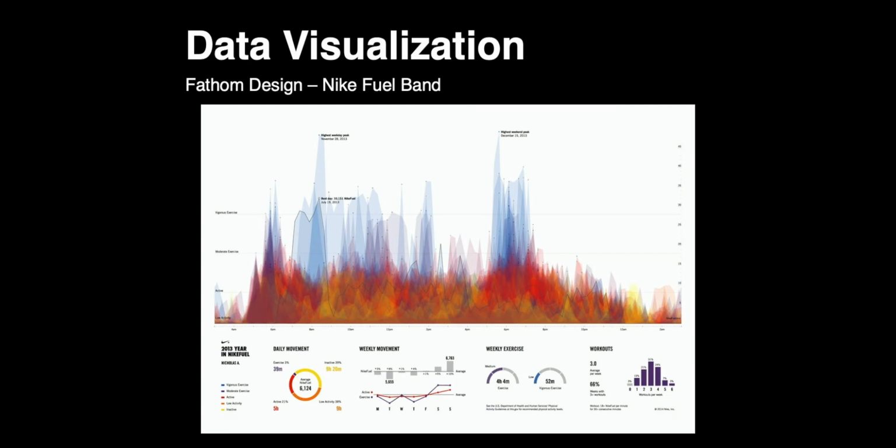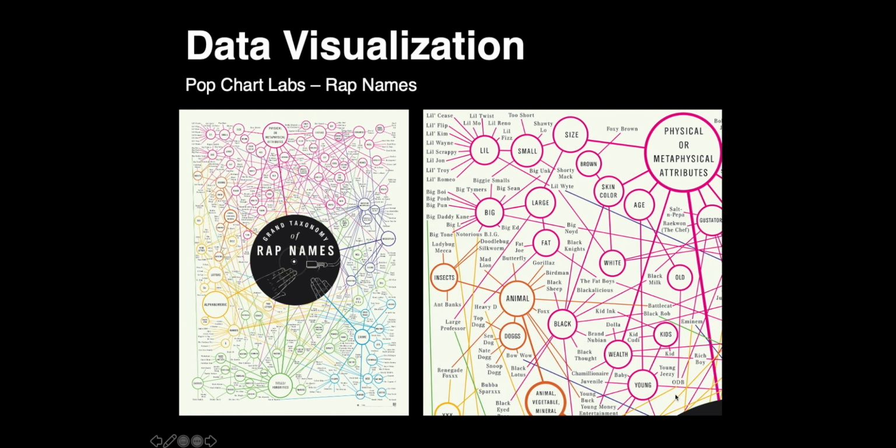Fathom Design is an amazing design studio based in Boston, and they do mostly data-driven projects. This is one project they did for the Nike Fuel Band, and it is visualizing one person's entire activity over the entire year.